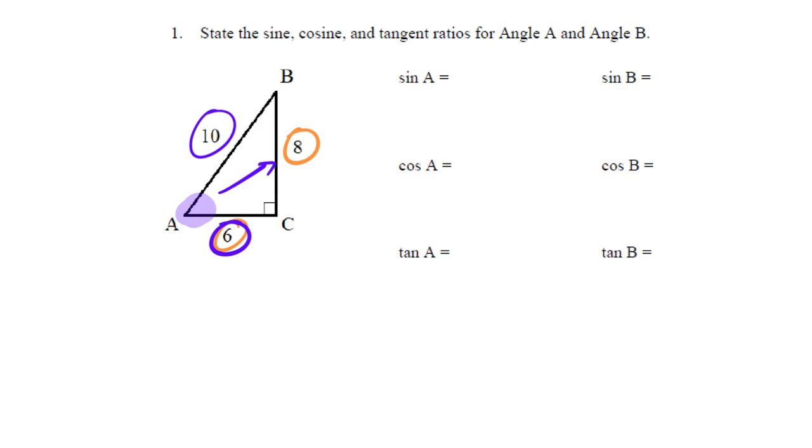But if I flip perspectives and look at that triangle from the perspective of angle B, now 6 is my opposite and 8 is my adjacent. So opposite and adjacent will change depending on the angle. It's important for us to always be very conscious of what perspective we are looking from.